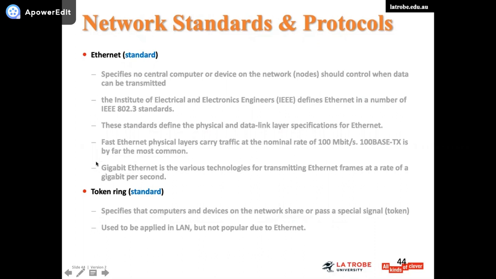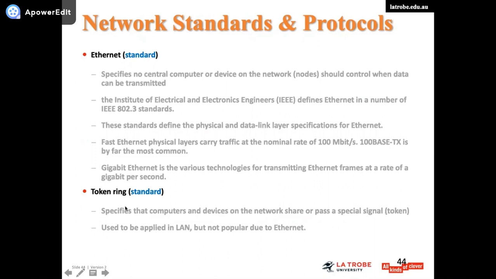And token ring is our next standard. Token ring specifies that computers and devices on the network share or pass a special signal we call a token. So in this network, if you want to send something, first you need to get a token or signal to do something. Otherwise, you have to wait until you get the token.